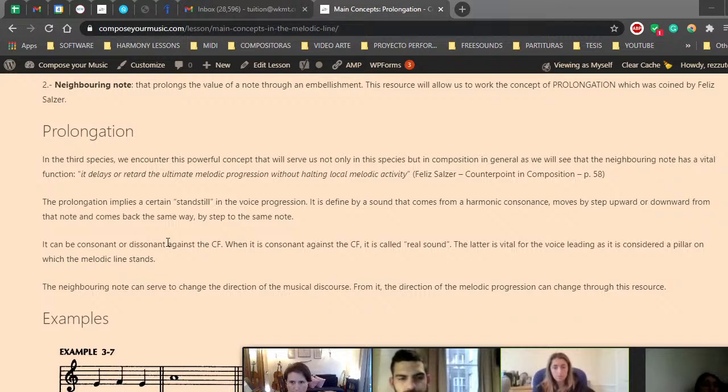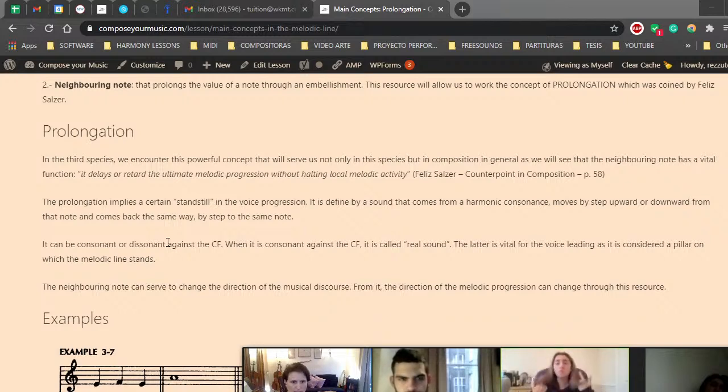That's the neighbor. It can be consonant or dissonant against the cantus firmus. When it is consonant against the cantus firmus, it's called a real sound. Then we will see this, because the third species can be reduced to the second species and the first species as well. So when a neighboring note is consonant and not dissonant, it belongs to the harmony, let's say, in counterpoint.